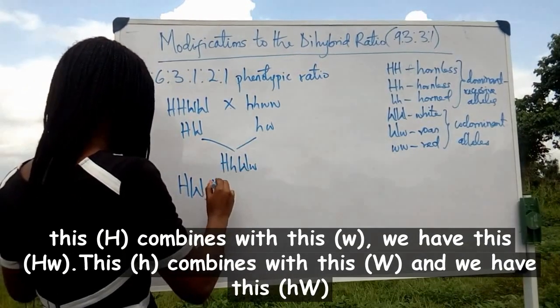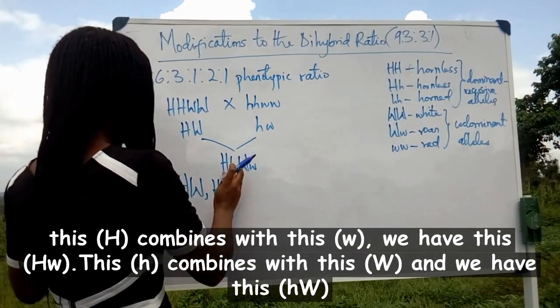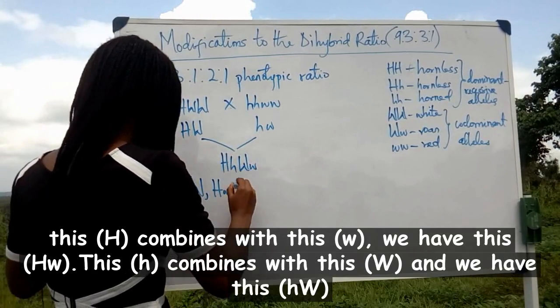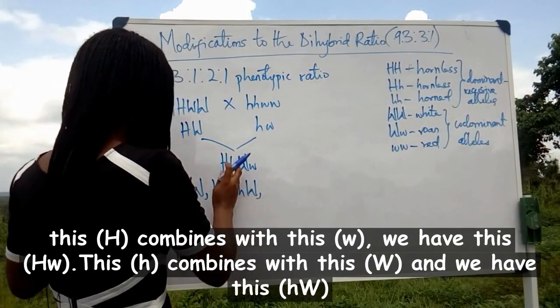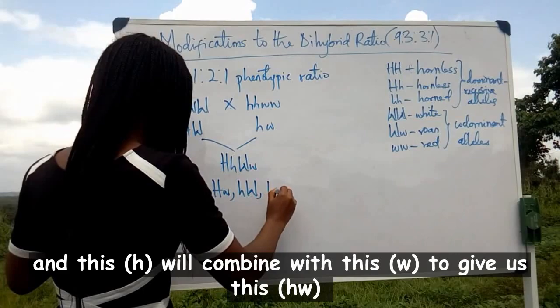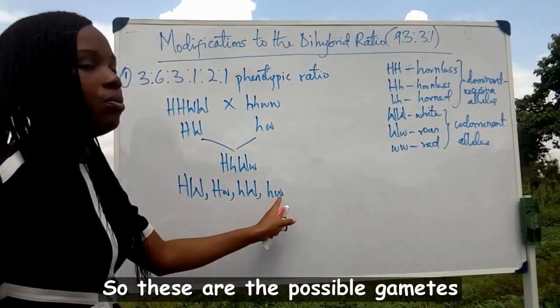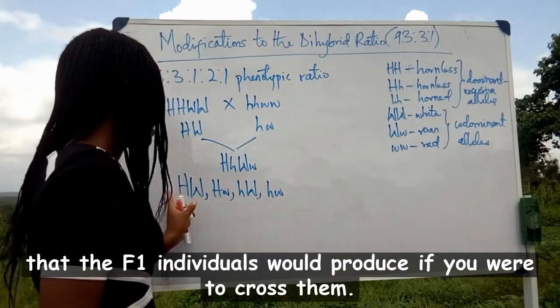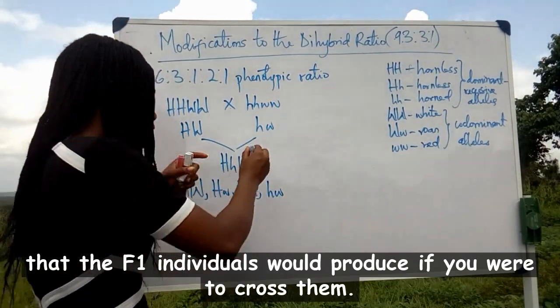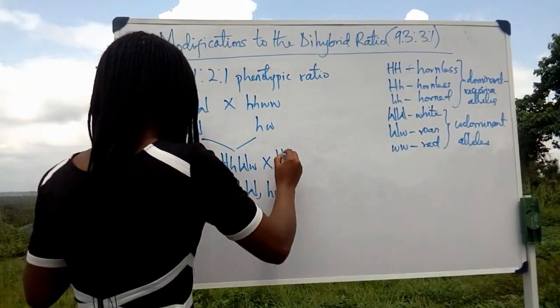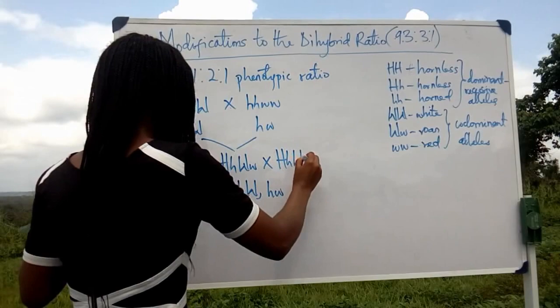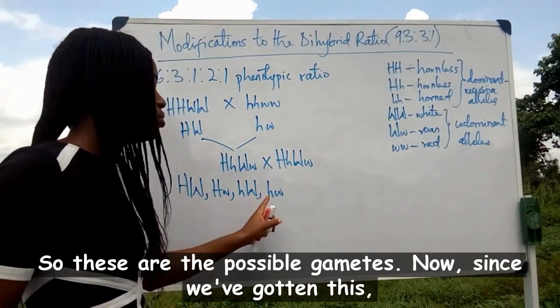This combines with this, we have this. This combines with this, we have this. And this will combine with this to give us this. So these are the possible gametes that the F1 individuals will produce if you were to cross them.